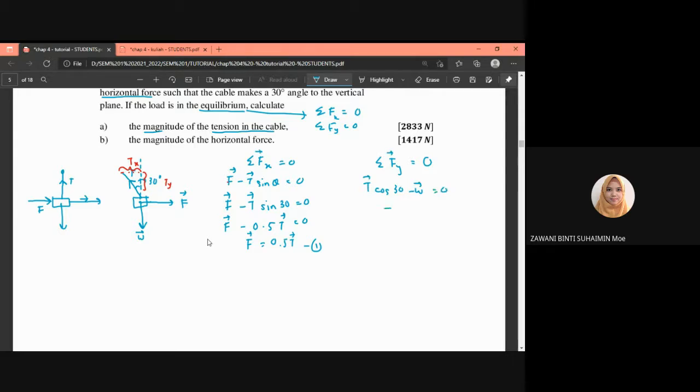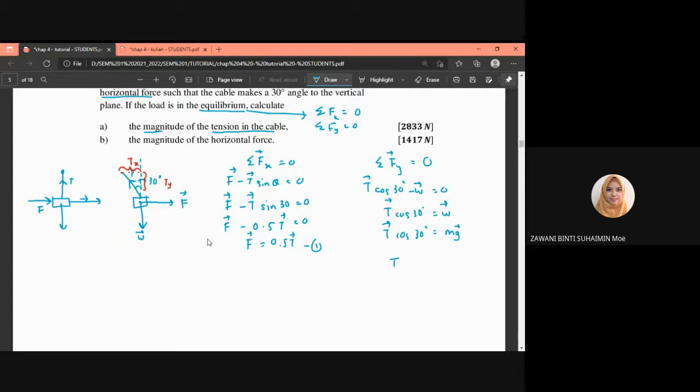Okay, so T cos theta iaitu 30 degree, it's equal to weight. Weight dia bagi kat situ 250 gram, kg, sorry. So maksudnya ingat dalam formula weight kita ada mg. So masukkan formula ini. So T cos 30, masukkan value 30.